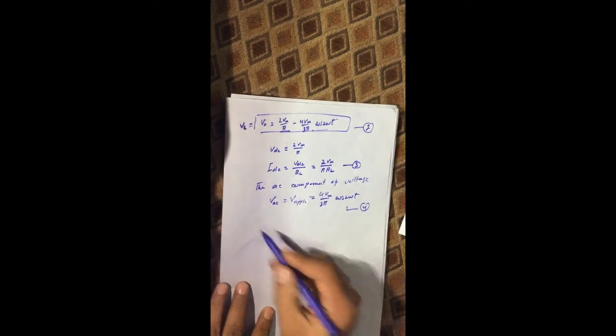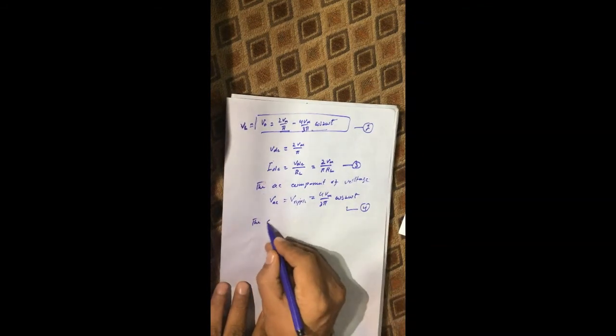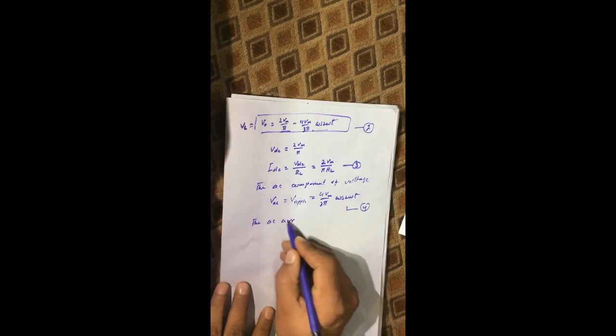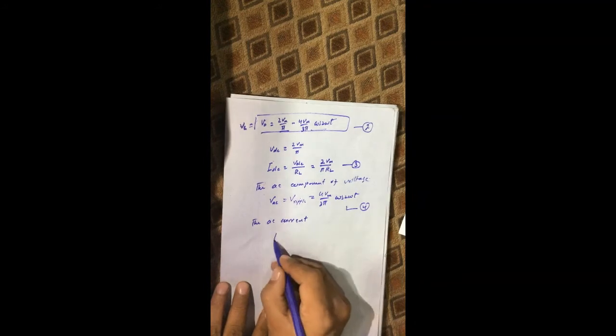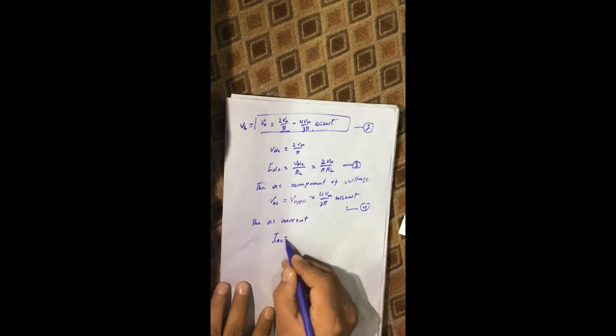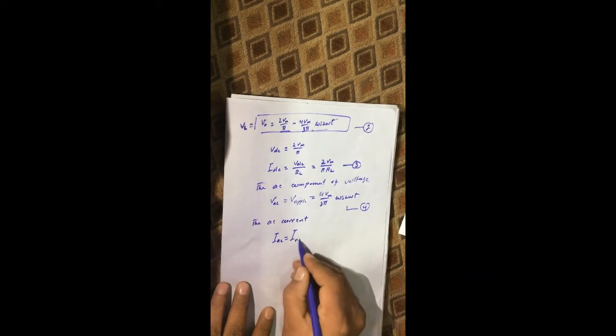Now the AC current will be represented by this symbol IAC. We call it the ripple current.